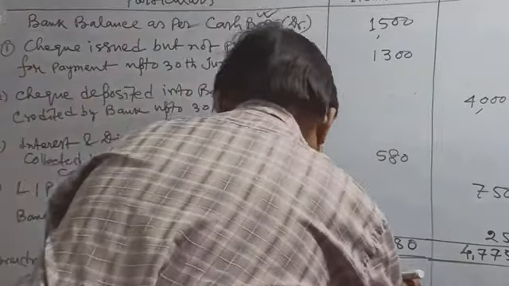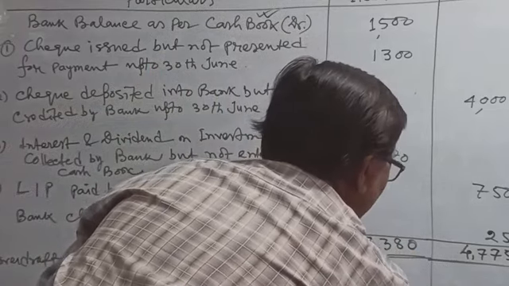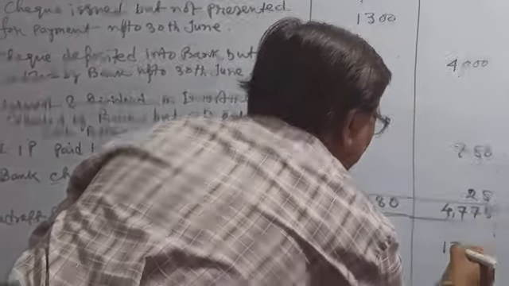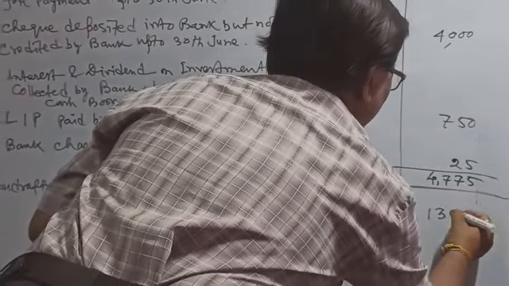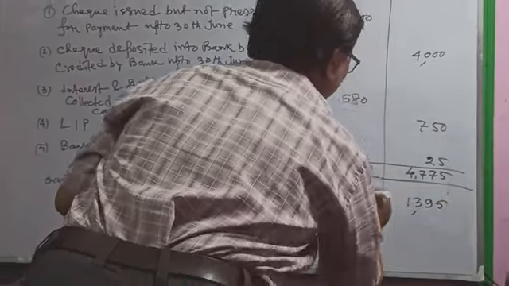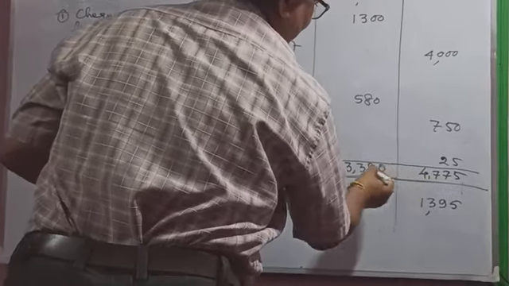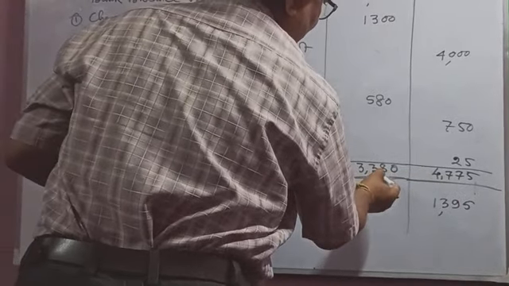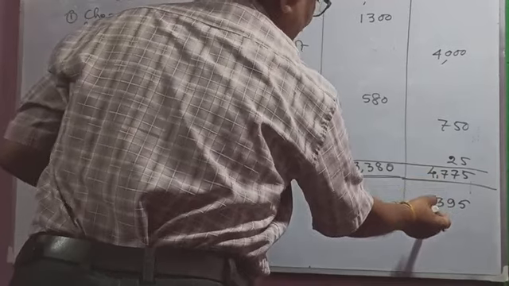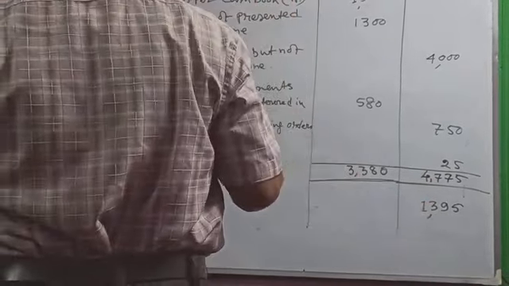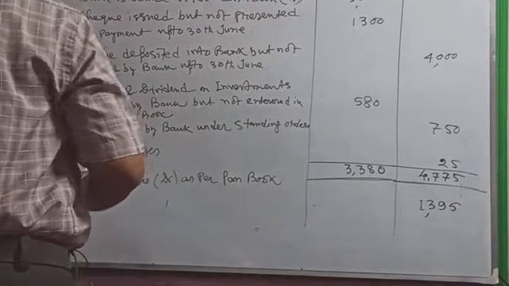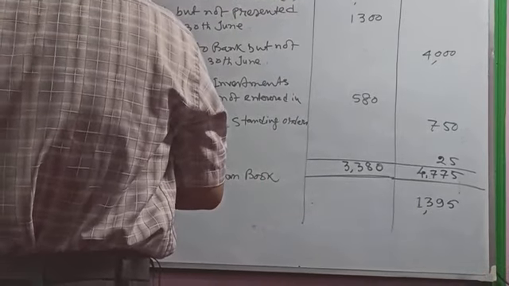This minus this, that is equal to 1,395. Again check. 1,395 is known as overdraft balance as per passbook.